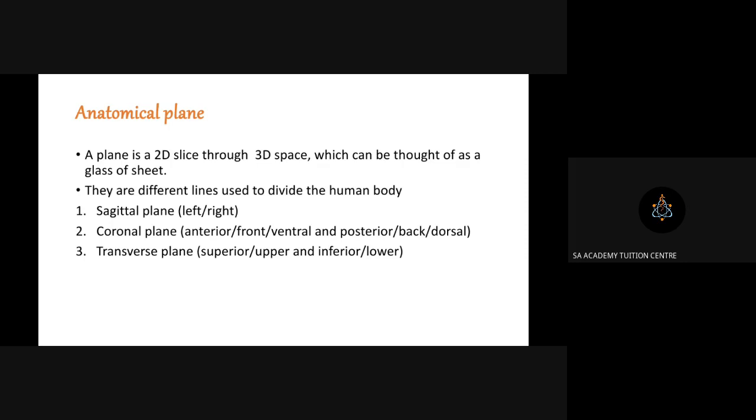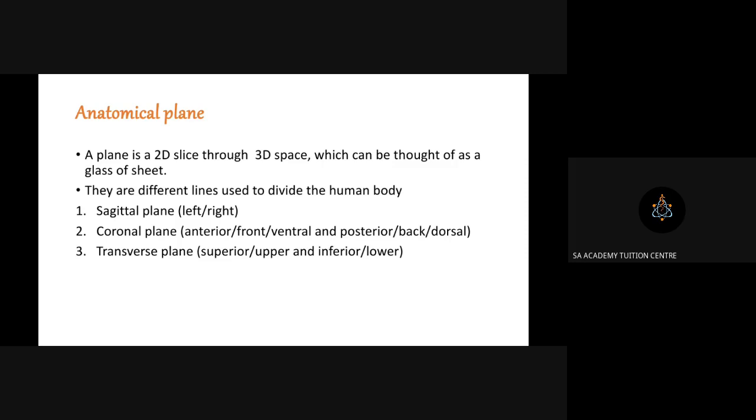Then the coronal plane: these divide the body into anterior and posterior parts. Anterior can also be called front or ventral, and posterior can also be called back or dorsal. You see the way I've arranged this. If you want to use the word anterior, you are supposed to use the word posterior in reference to another structure, if you're comparing two structures.